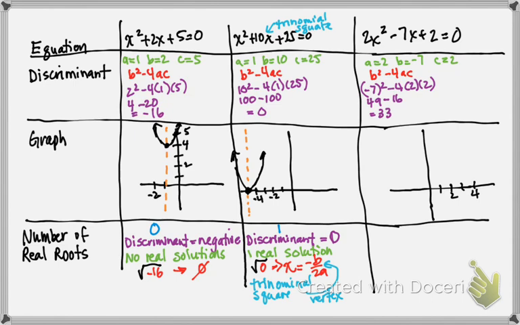So my axis of symmetry would be here. Okay, now if I let x equal 0, I'm going to get that my y is going to cross at 2.